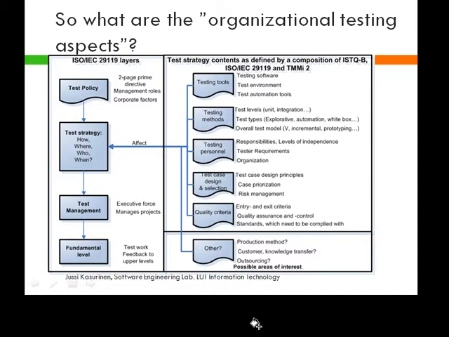And of course, as in many things, we also have this interesting other box here, which can be several things that are basically from outside the testing process itself, like production method, customer knowledge transfer between customer and developer, and possibly outsourcing and such.